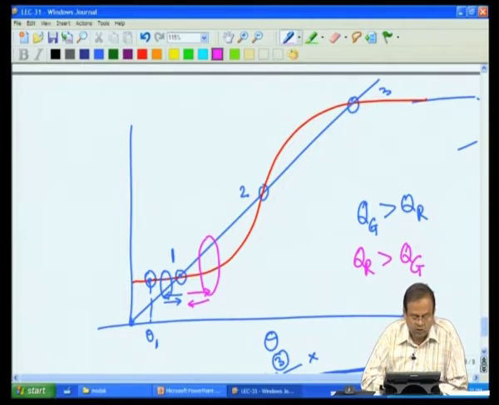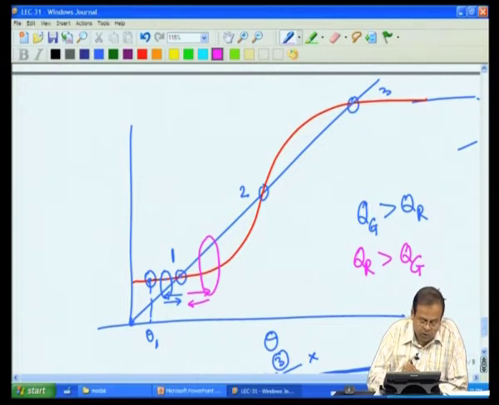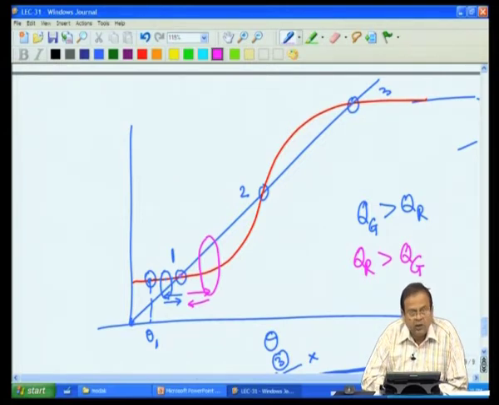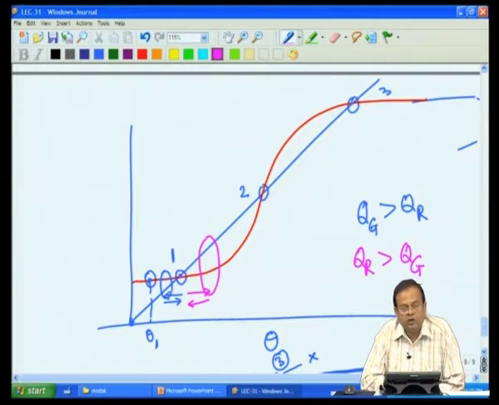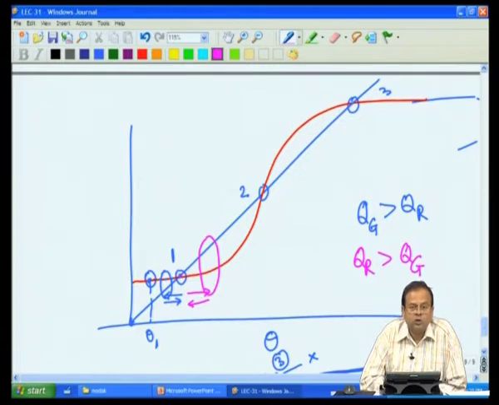Or in other words, at this particular steady state, any perturbation in the temperature, either temperature becoming lower than the steady state value or higher than the steady state value, the dynamics of the process will ensure that we are driven back to that particular steady state, or in other words, these perturbations will die out.